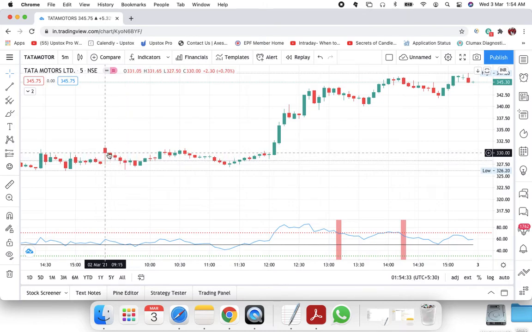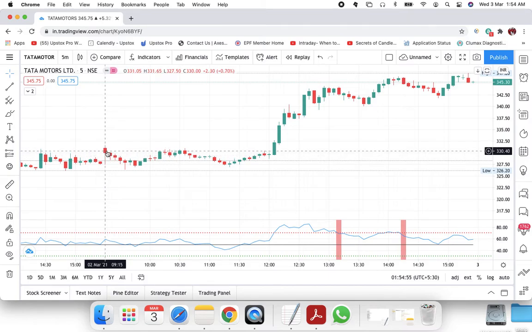So the moment the previous candle close is broken by the next candle, then we can make an entry, and we should wait for the candle to close. So this should give a confirmation about the trend.